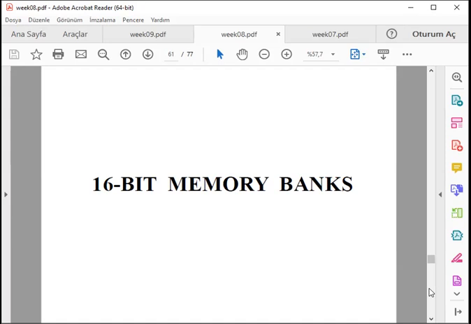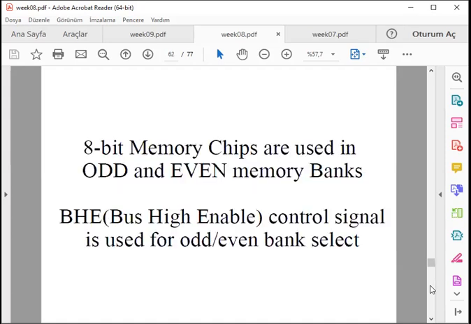The first one is activated. This is called the even bank, with the least significant bit 0. So those are even addressed chips. And the other ones are in odd addresses. So if you select even, then you activate the first group of 8-bit chips. If you set address least significant bit 1, you select the odd chips.